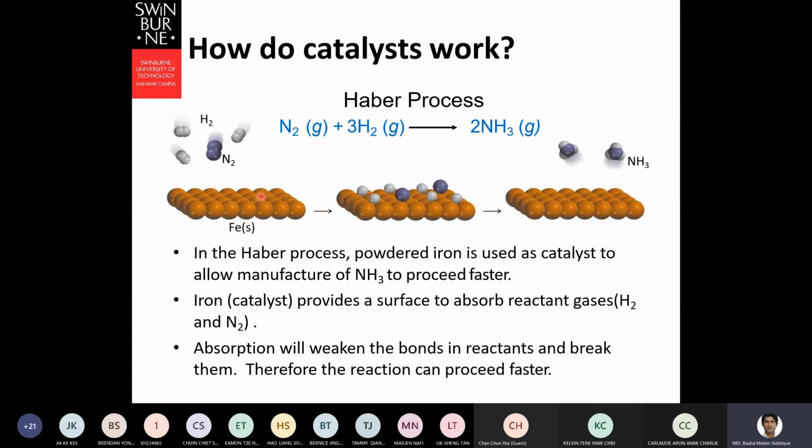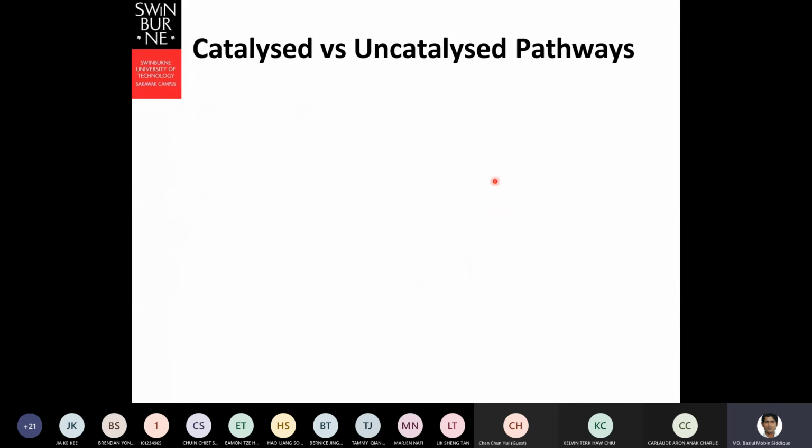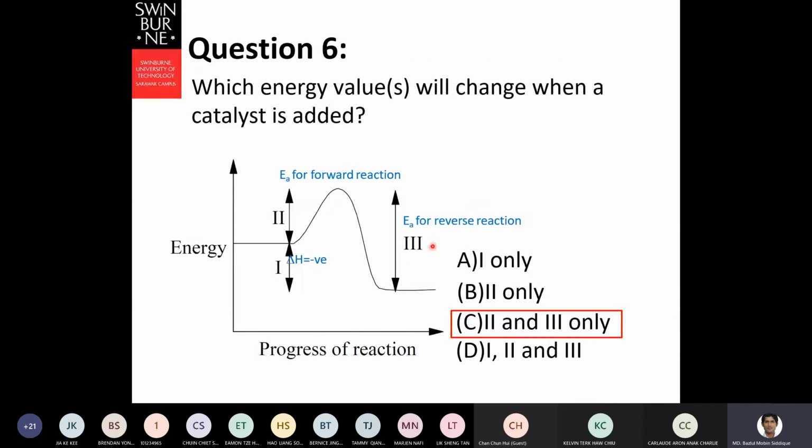It does not take sides. It will give space to both of them, nitrogen and hydrogen producing the ammonia. Ammonia will also sit on it and then break apart, producing nitrogen and hydrogen. That is why the reverse reaction is also possible. But the enthalpy of the reaction will not change when using this catalyst.